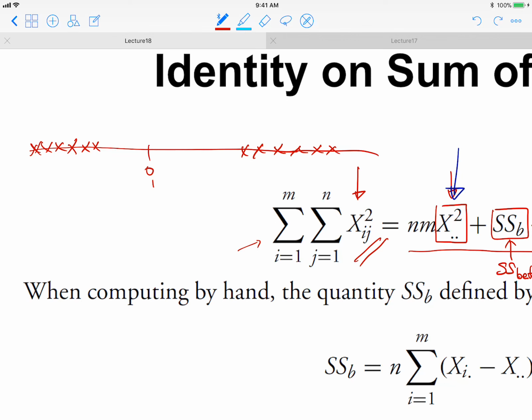Okay, so in this case, we can consider the global sample mean by just taking the average of all these samples, and it will be represented around here. Let's use a different color. It can be represented as x dot dot. Again, x dot dot is the sample mean, or just an average value, of all these observations from the two groups.